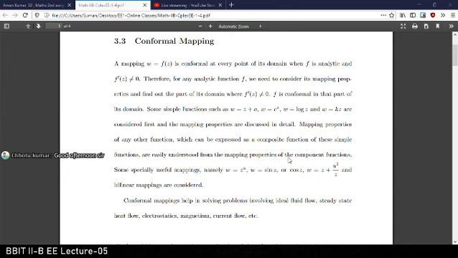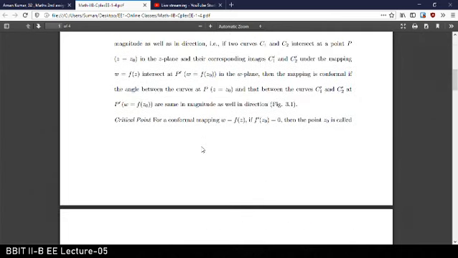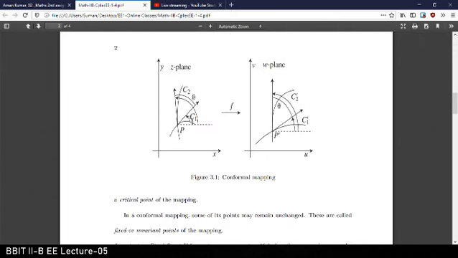Say z0 is the intersecting point of the two curves. If we go through the figure, it will be easier. Suppose C1 is a curve, this one, and C2 is a curve, this one. They intersect at this point P.